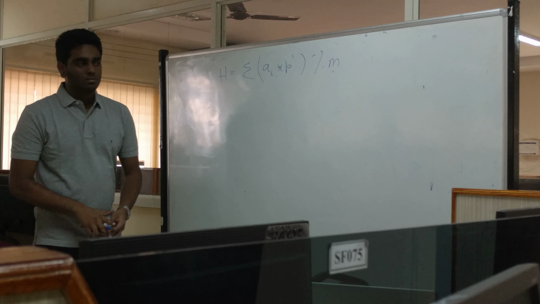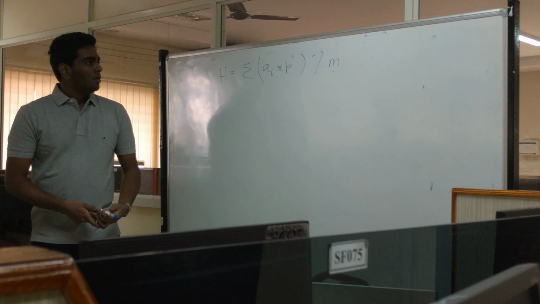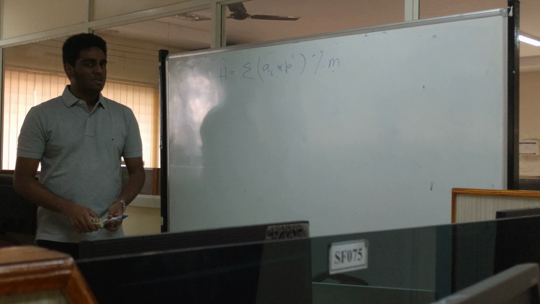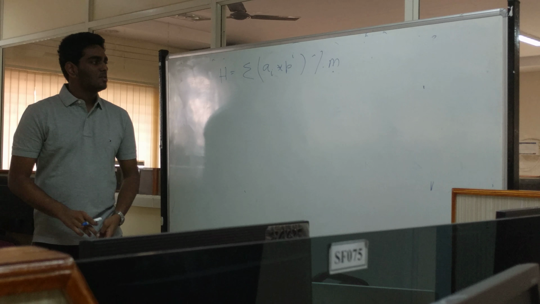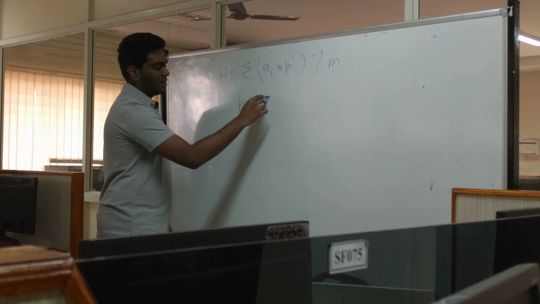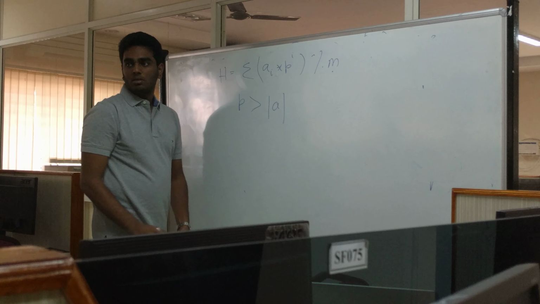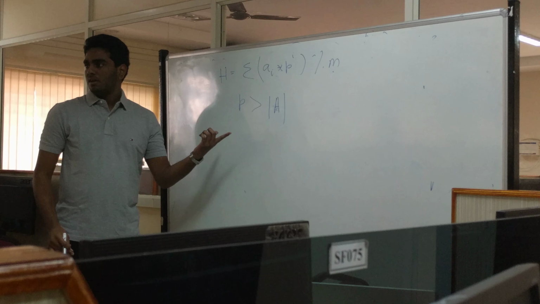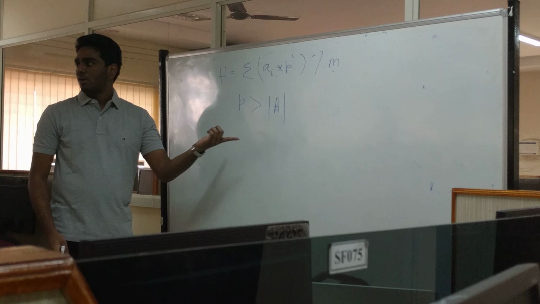Yeah. So there are some, not rules per se, but it's better to have these things. Firstly, we'll keep p greater than the size of the alphabet. Okay, p must be greater than the size of the alphabet. Can you understand why?